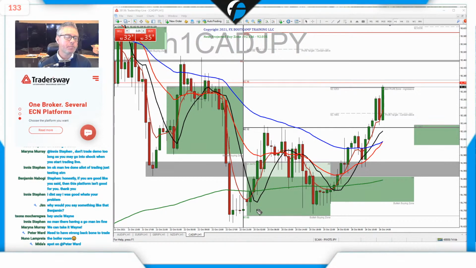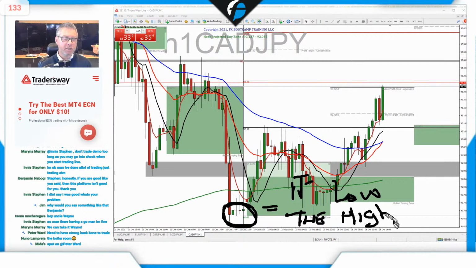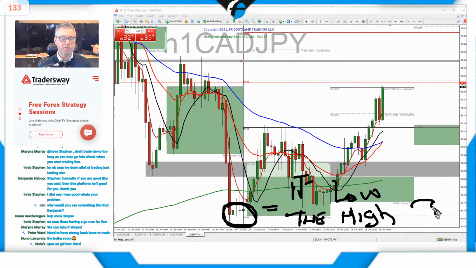Okay, so anyways, what does this mean for target? If that is the low for the week, then there is a projected high. What is the number?